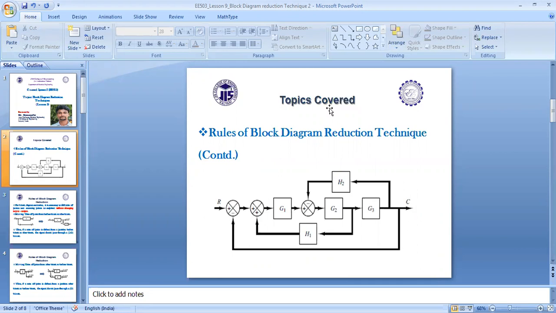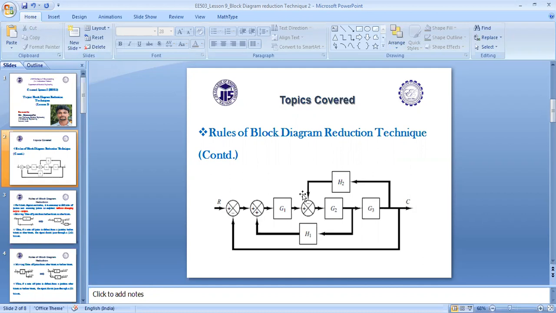So before discussing those rules, let me tell you why this shifting is needed. Why is this shifting needed? To reduce the number of blocks to a single block. So let us start with this diagram. This diagram will let us know why shifting of takeoff points or shifting of summing points is needed.